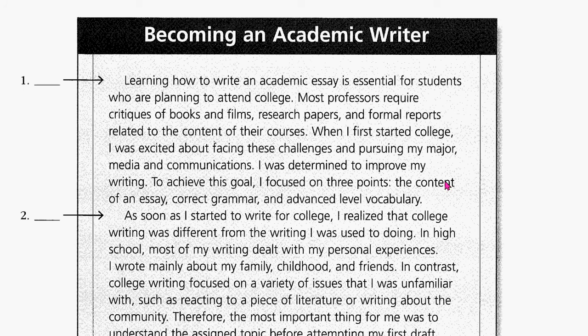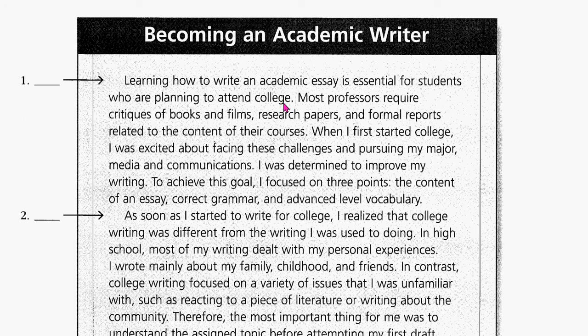Now this topic sentence, this hook sentence or grabber, hits right on the main idea, how to write an academic essay. That is not necessary. It is also possible to start with a sentence that is interesting and not really connected directly to the main ideas.